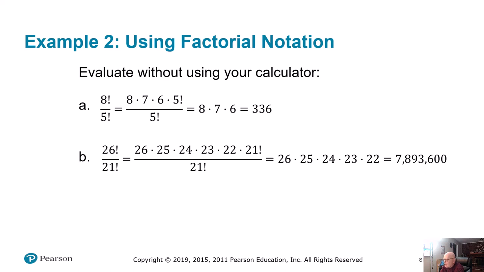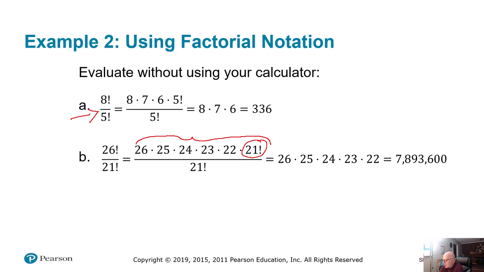However, if we do as we did with part A, when you start listing the factors of 26 factorial and get down to 22, instead of saying 21, 20, 19, and so on, just make it 21 factorial. And there's your 26 factorial in shortened form.